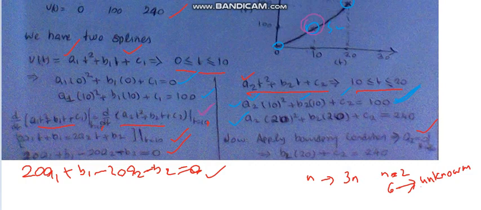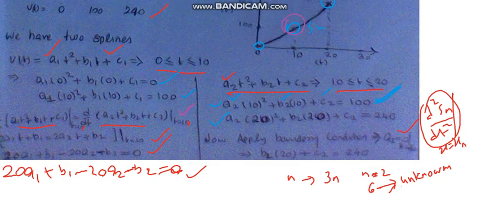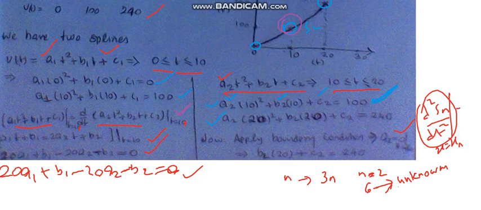We have applied this boundary condition, that is d square Sn by dt square will be equal to 0, for the last point at x equal to xn. So this is equal to 0 by boundary condition.